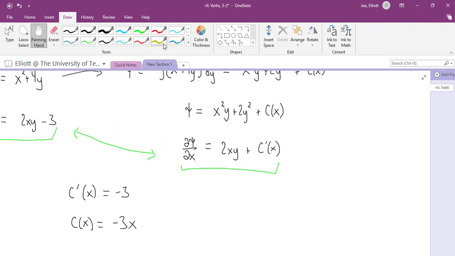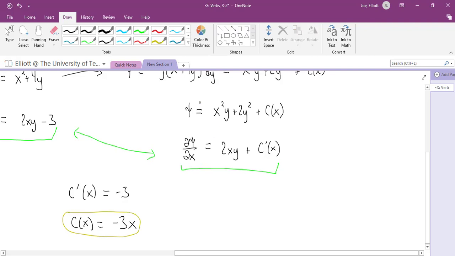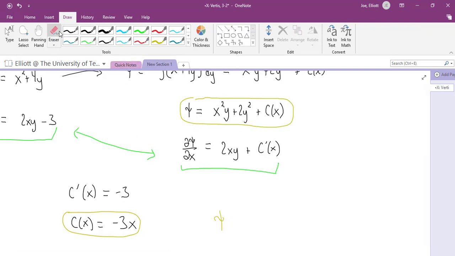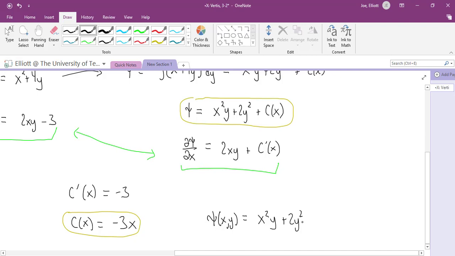So now we're going to take that result and plug it into the expression up here for c. So ultimately, what we find for the streamline function c is that it's equal to x squared y plus 2y squared, and then plus c of x is minus 3x.